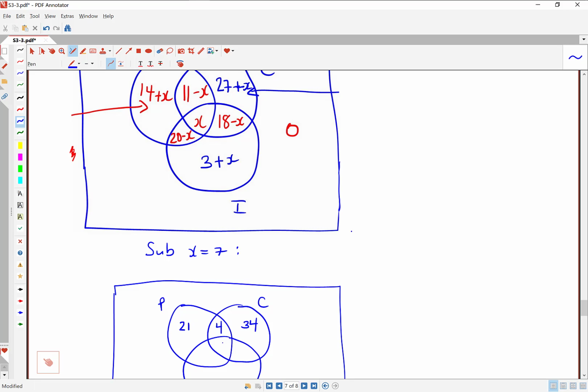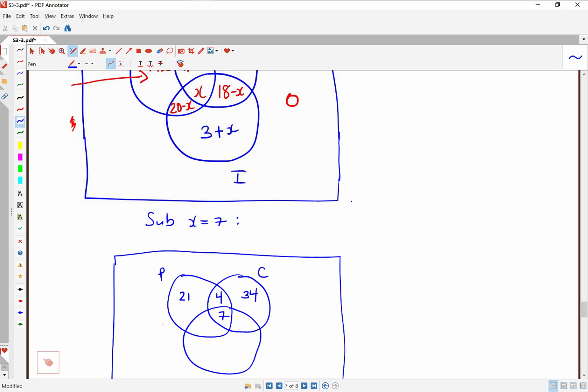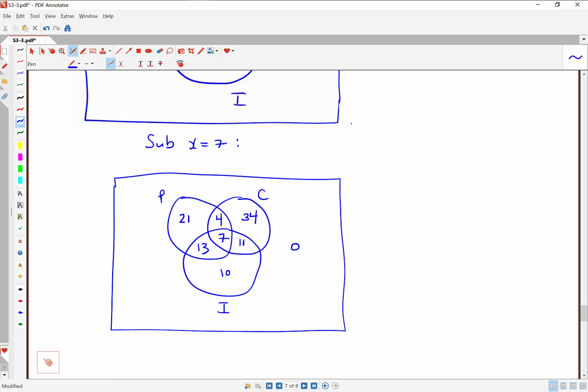Our middle region was just x, so that's now becoming 7. 20 minus x gives us 13. 18 minus x gives us 11. And for the bottom part of the circle, 3 plus x is going to give us 10. And remember, we said that the outer number here was 0 because there was no one who had no experience. So that's our final answer there. We've got our breakdown of our 100 applicants and how many of them have each combination of experience.